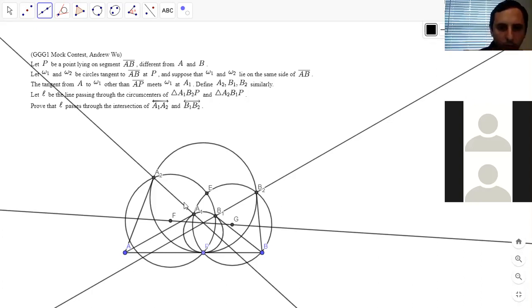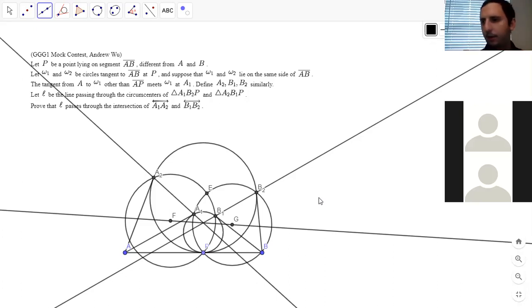I guess we're saying that GB2A1 and FB1A2, we want to show that those are perspective. Yeah, no, I think what Hakan said is right.